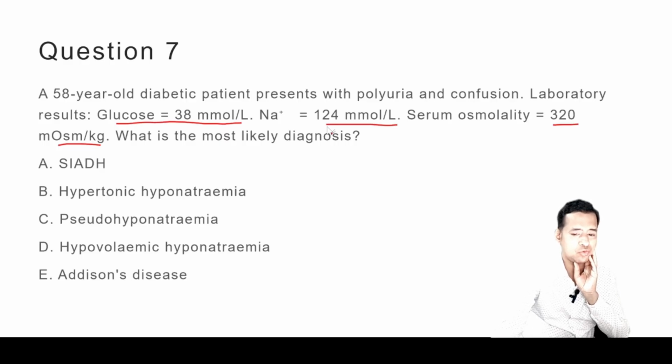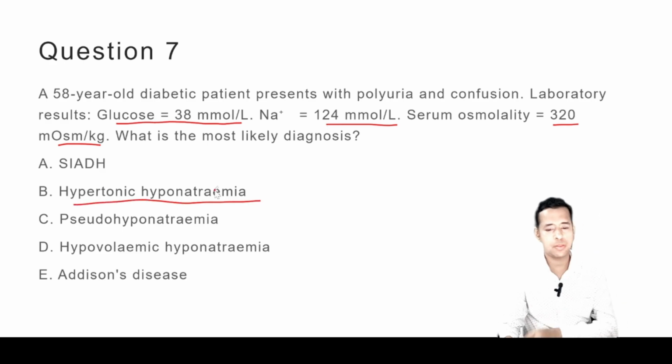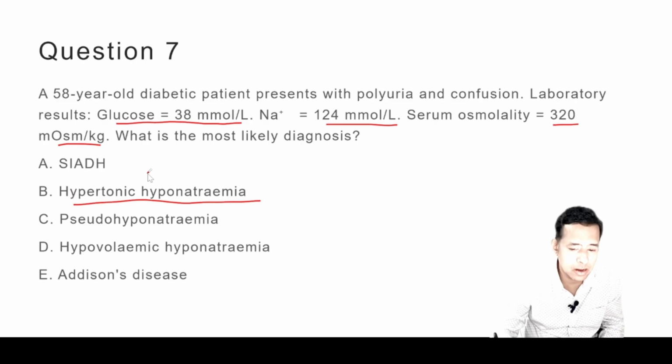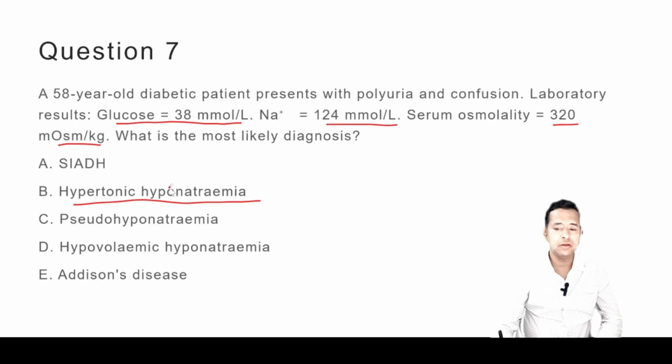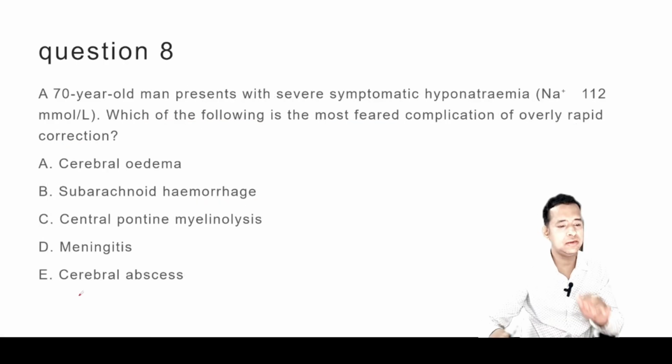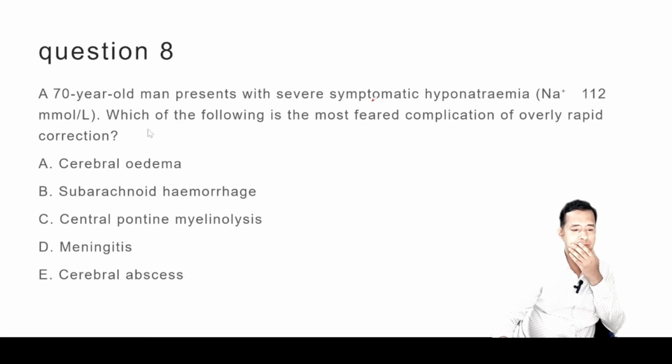So this is hypertonic hyponatremia. Why? Very high glucose causes water movement from cells to plasma, so this dilutes sodium despite increased serum osmolality. So hypertonic hyponatremia.